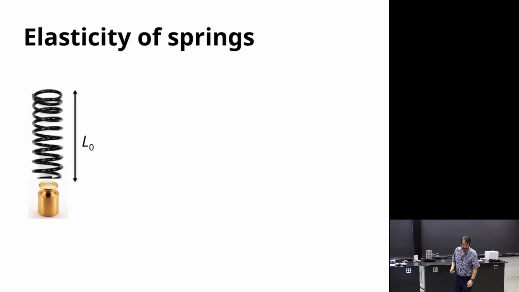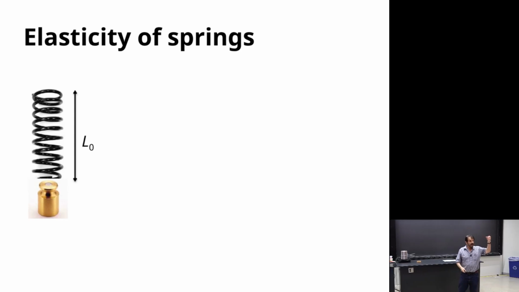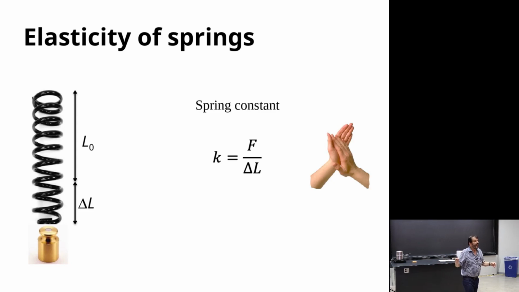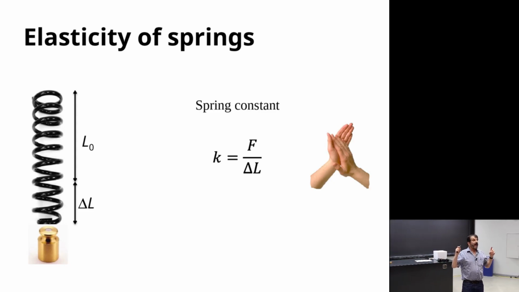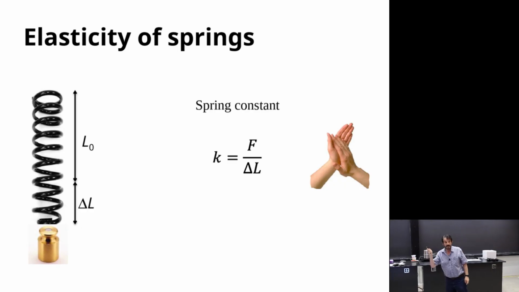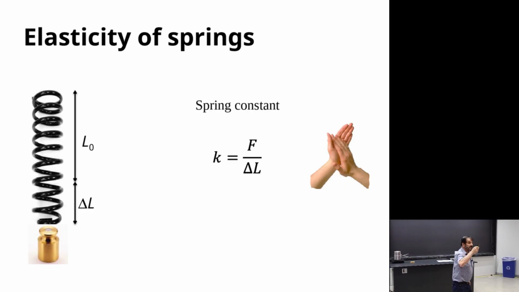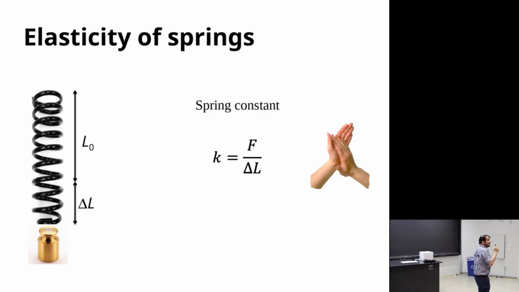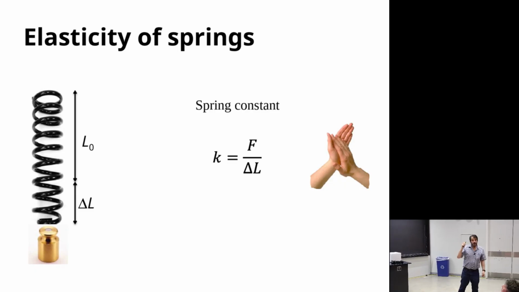A spring has elasticity. So if I take a spring and I put a weight on it, it goes down. And how much it goes down, the length that it goes down, depends on the force that you apply and the spring constant. The spring constant is the elasticity of the material. And that's what we want to measure.